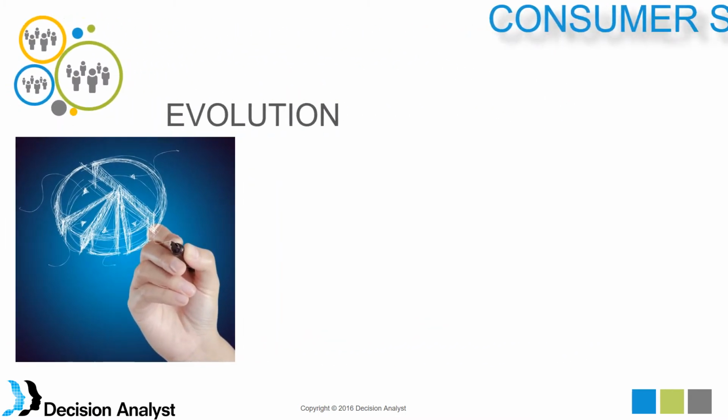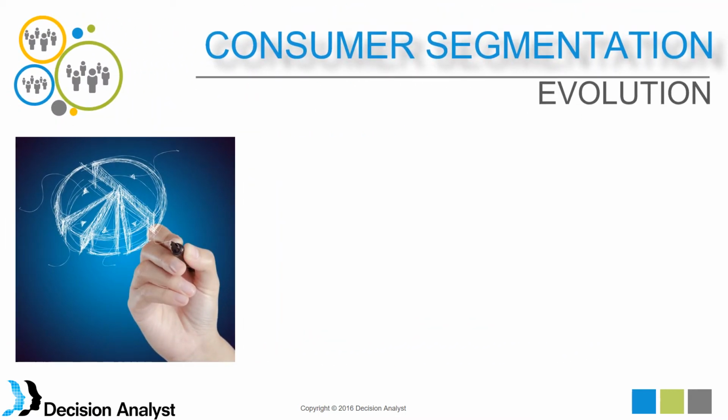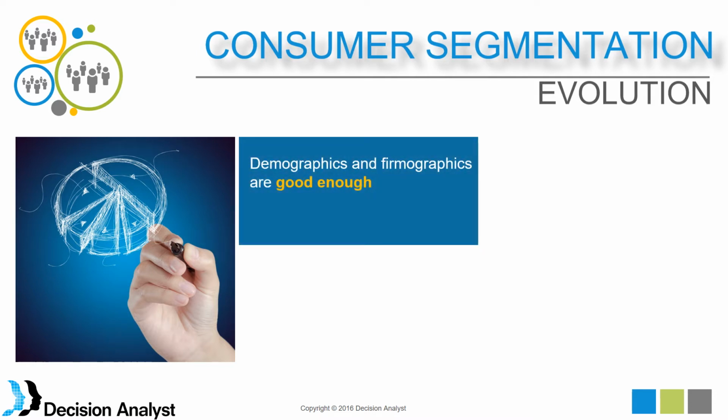So what's kind of the evolution of consumer segmentation? Just like any market research technique, segmentation does have a history, a story. So it first started out, marketers wanted to describe consumer households or even businesses, and it was simply a matter of gathering the relevant demographics and performing a cluster analysis.